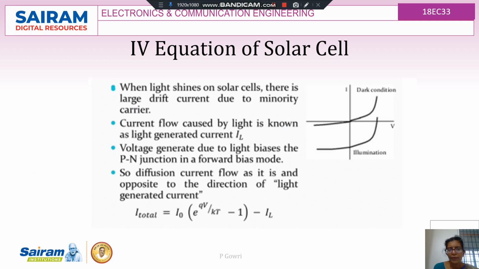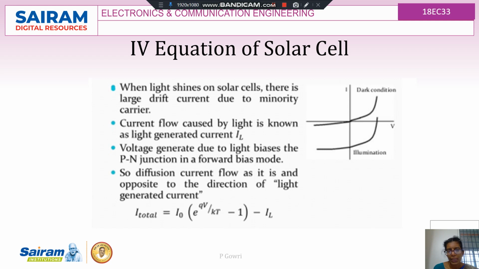So we know that when light shines on the solar cell, there is a large drift current due to the minority carriers. That is, when I reverse bias a PN junction diode, there will be a current due to the minority carriers, and that results in a current called the reverse saturation current. This reverse saturation current is very small in a normal PN junction diode, in the range of microamperes.